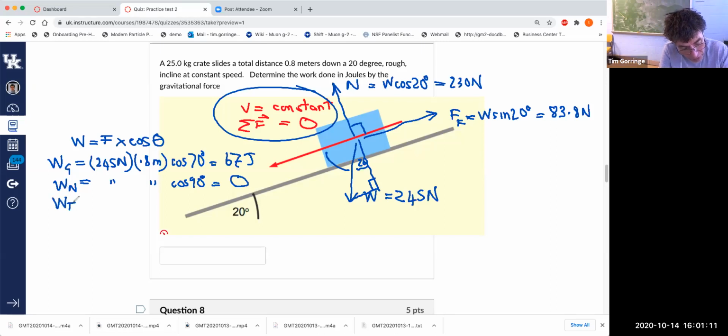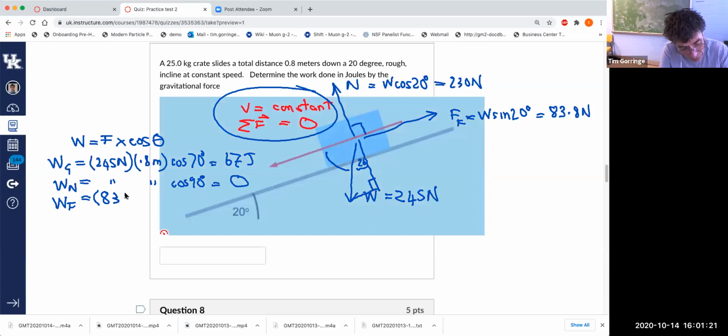And then finally, the work done by the friction force. That's the strength of the frictional force, 83.8 newtons. What happened there? I want that to go away, but I don't know why it won't. I'll ignore it.